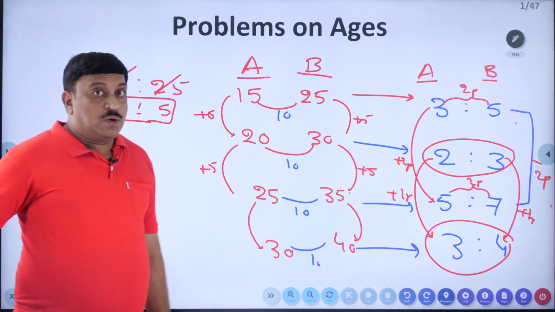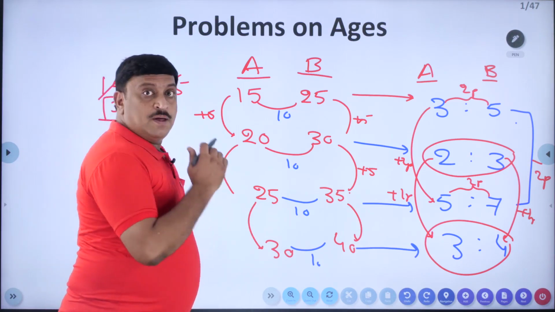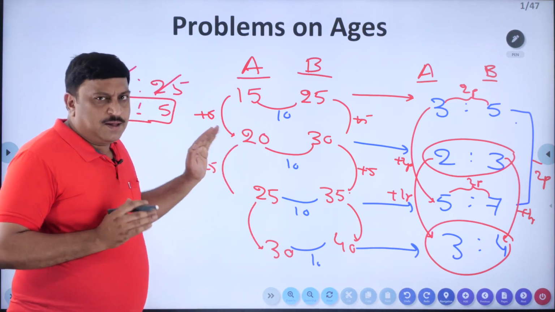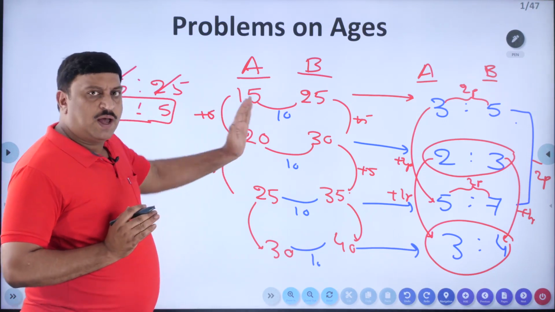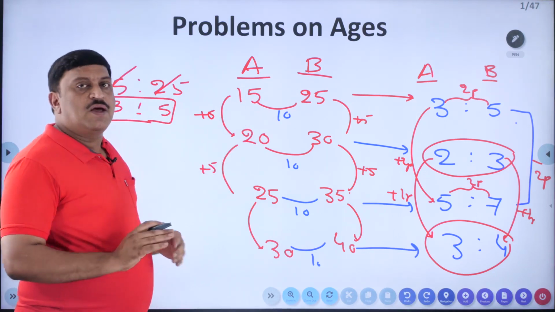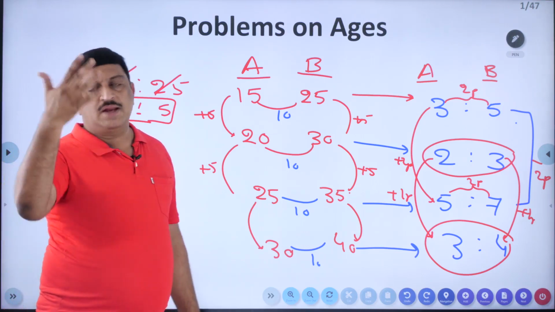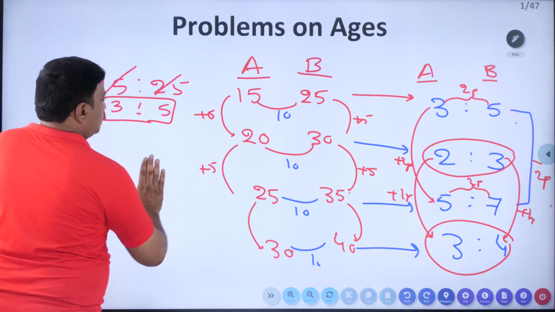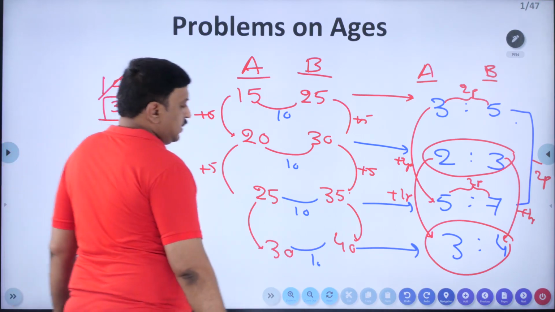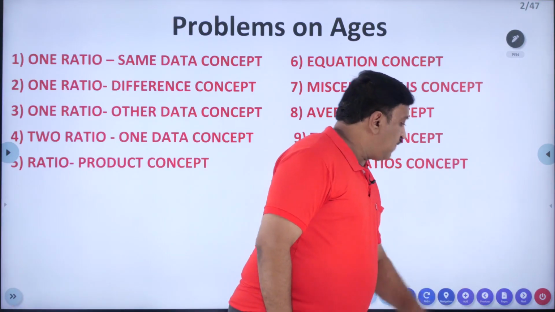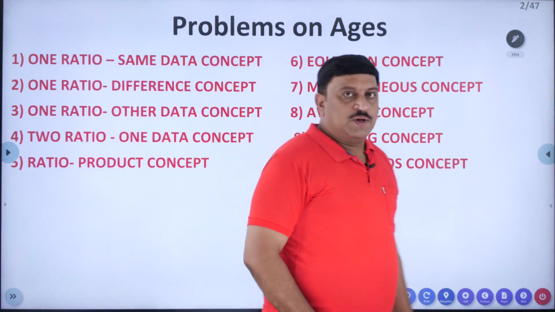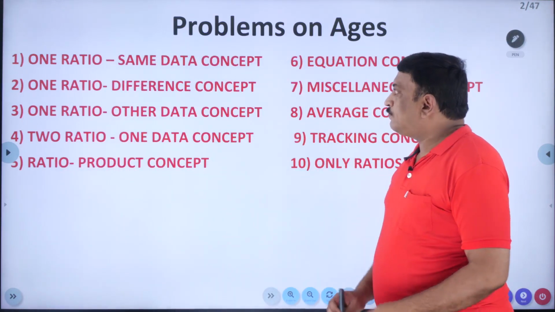Okay. So now let us start with the very basics of ratio. I think you know this one. Even then we'll start with the very basics and then go to the next level of cases. Let us take the case of, see here what we are going to discuss.